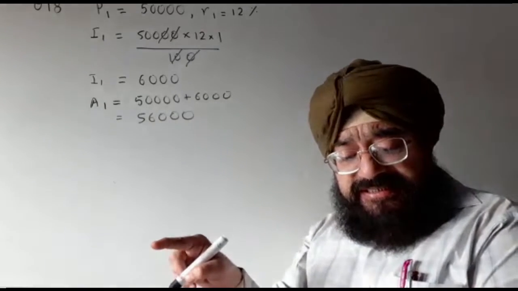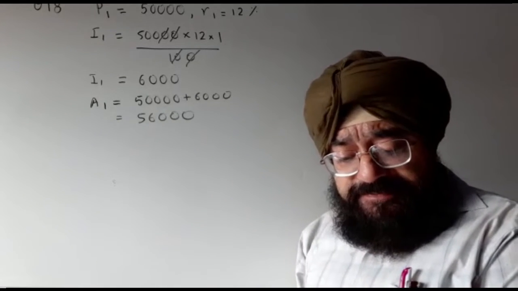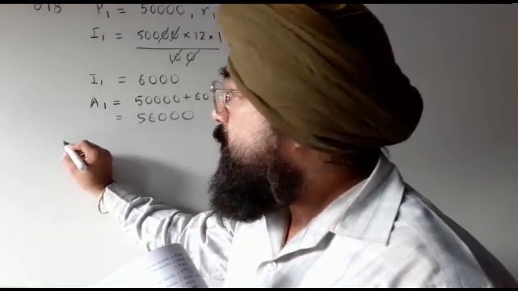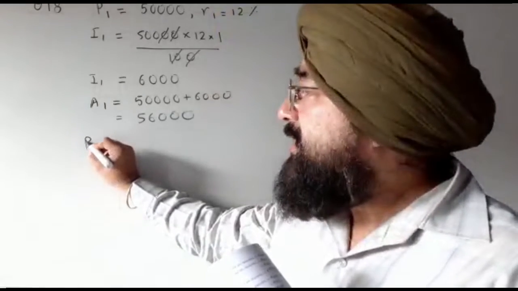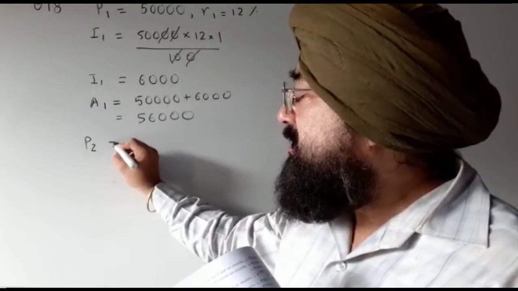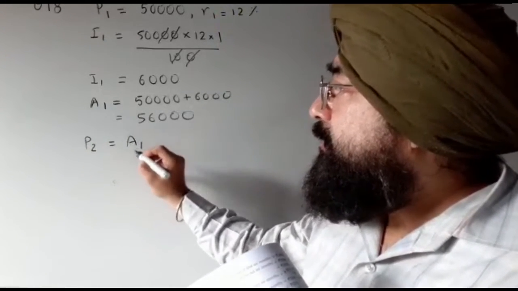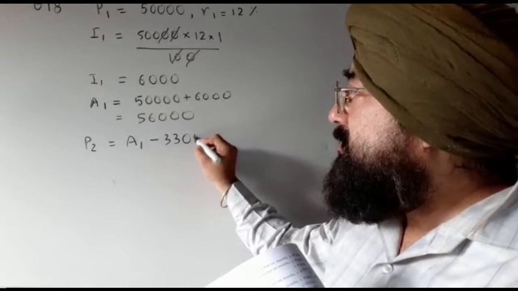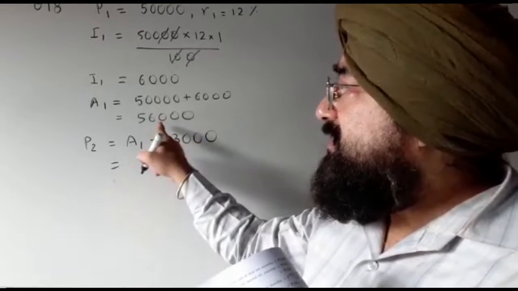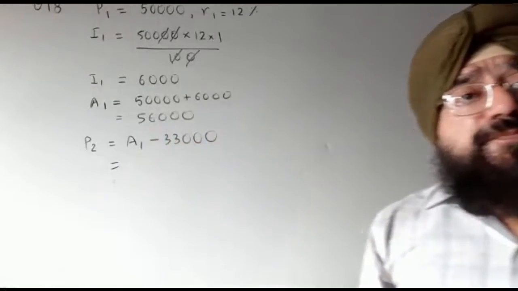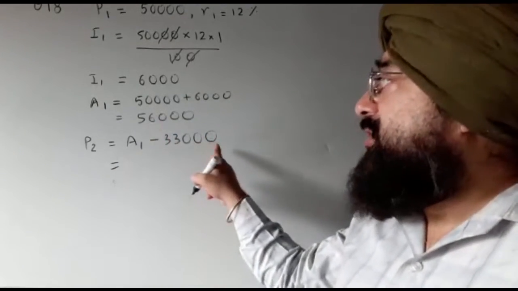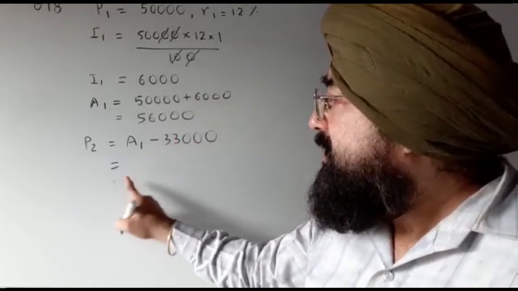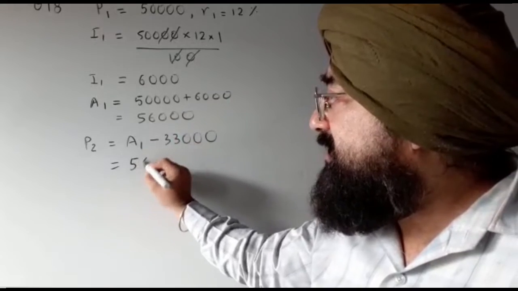But she has in fact returned 33,000 at the end of the first year. So this P2 will be A1 minus 33,000. That is, this 56,000 would have become the principal for the second year had she not returned this 33,000, but because she has returned it, this much is reduced from 56,000.